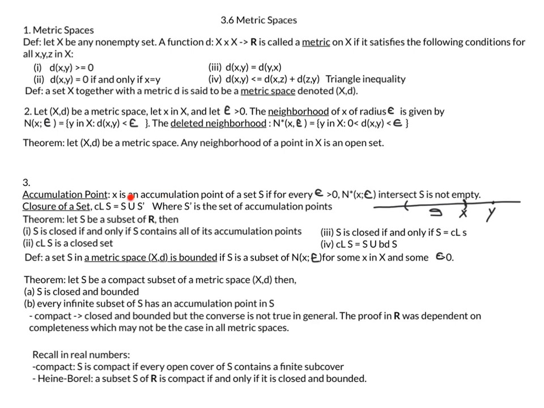Just to review what an accumulation point is: X is an accumulation point of a set S if for every epsilon greater than 0, the deleted neighborhood of X with radius epsilon intersect S is not empty.